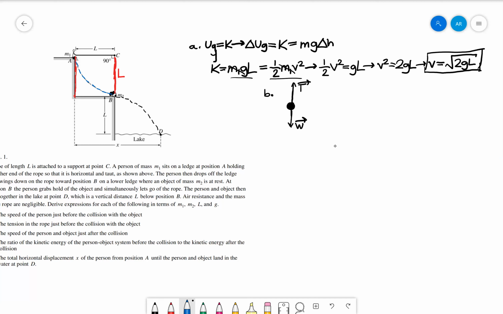It's not uniform for the entire path, but at that instant, you can treat it as uniform circular motion, meaning that there has to be a centripetal force at point B, maintaining the person's motion right before the collision with the object of mass m2.